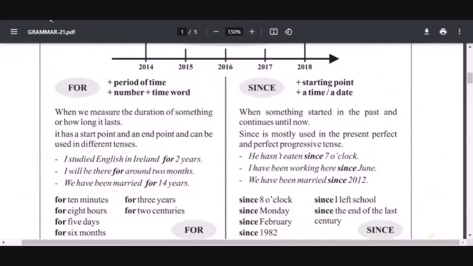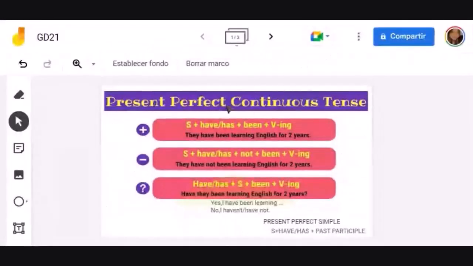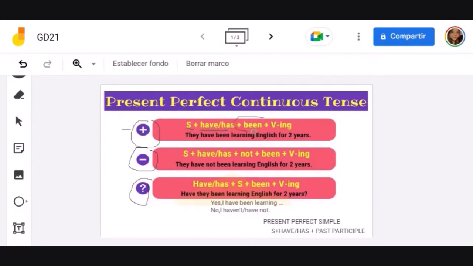So we know about the structures of present perfect continuous that we have three statements: positive, negative, and questions. When it's positive, we start with the subject, we continue with the auxiliary have or has, we continue with been, and then the verb with ing, and then it's possible to write for or since. It's the same with the rest.